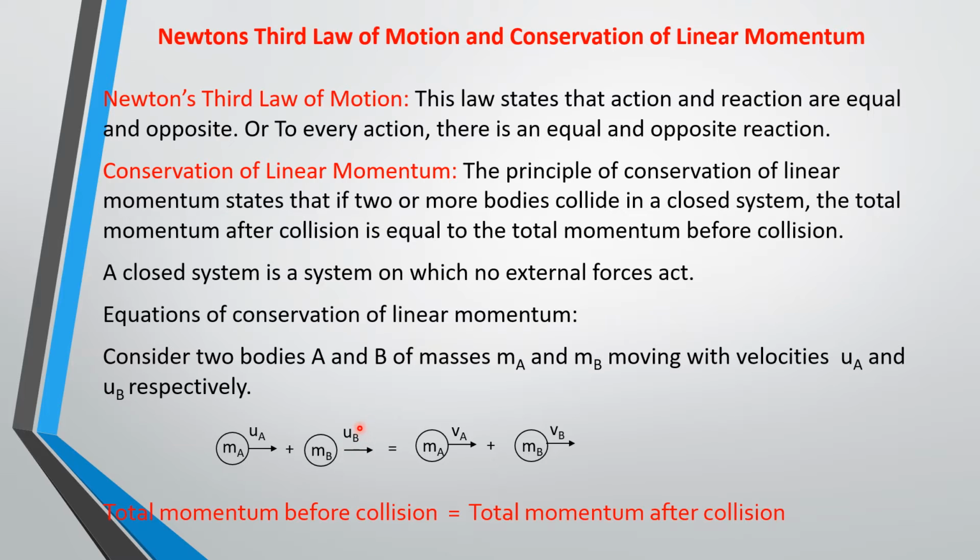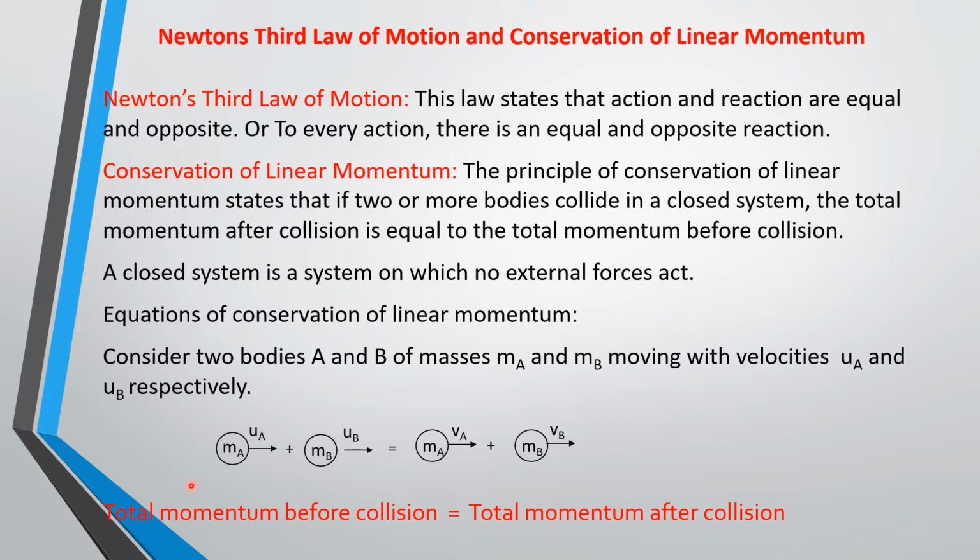Okay, so according to the principle of conservation of linear momentum, if the two bodies collide, their total momentum before collision will be equal to their total momentum after collision, because their final velocities will be vA and vB. So their final momentums each will be mA times vA and mB times vB.